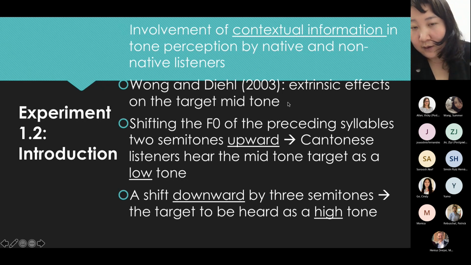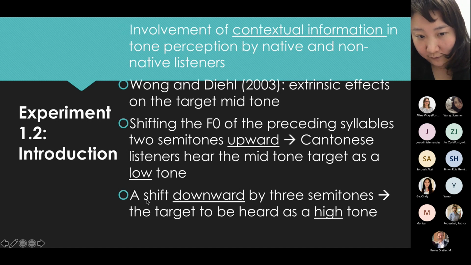I think this is already quite established, that we do have some extrinsic effects. For example, if you shift the F0 of the preceding syllables 2 semitones upward, and then you ask the participants to hear and to judge the target word, then because the preceding syllables have been shifted 2 semitones upward, they tend to hear the midtone as a low tone.